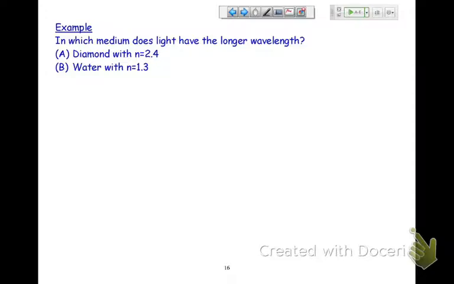In which medium does light have the longer wavelength? Oh, let's have a look. n is equal to v vac over v med, and v equals f lambda, so n equals lambda vac over lambda med.